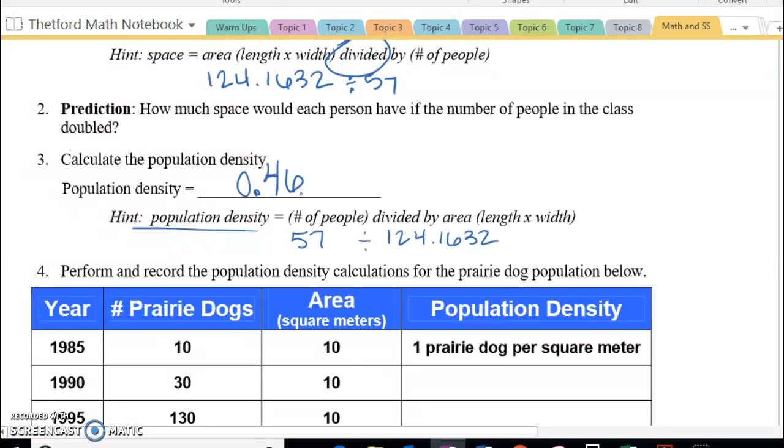So what does that mean, 0.46? That means that that's how many people fit into just 1 meter. And so you'll notice that's not even a full person. And so that means that there's going to be like half of a person per meter in the room.